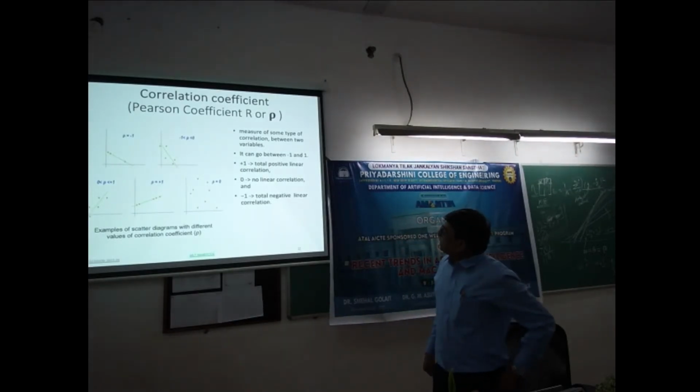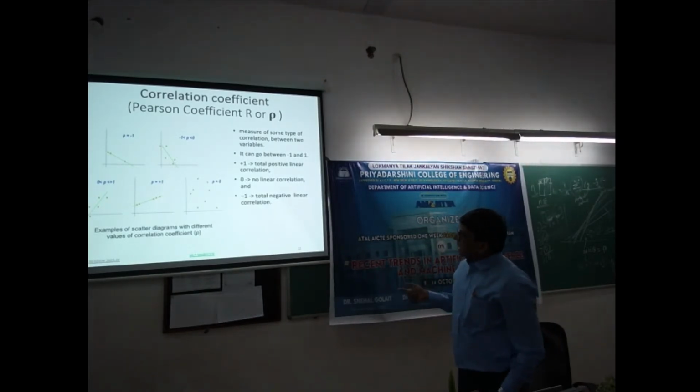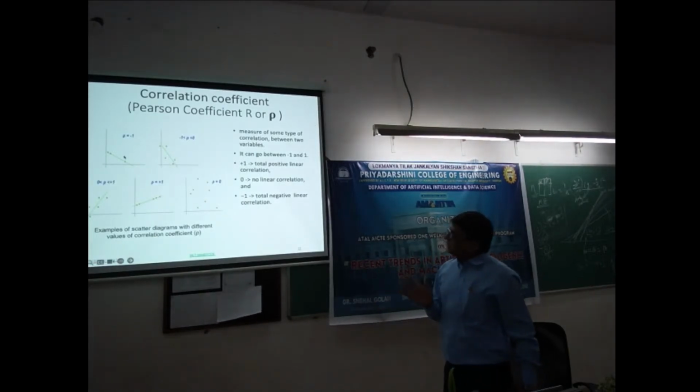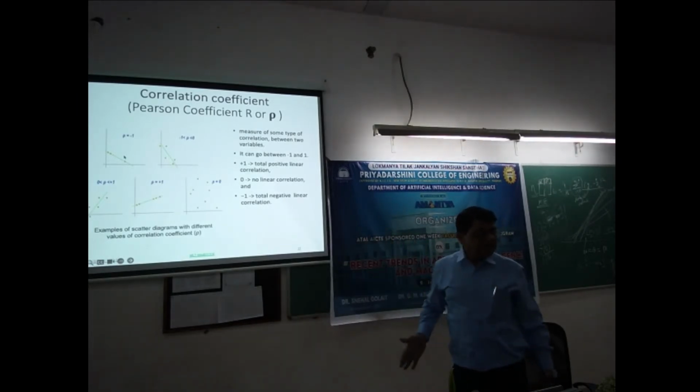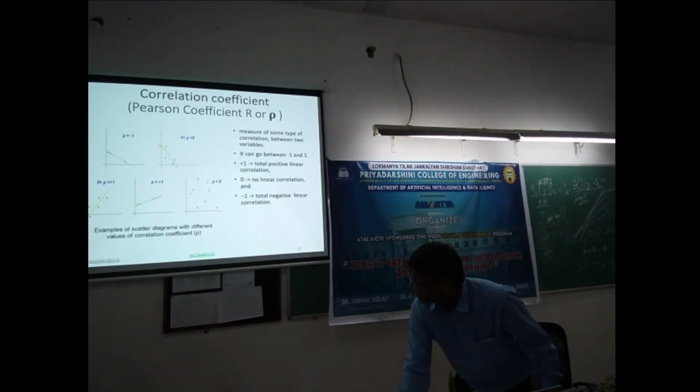It can go between -1 to +1, and you can see different examples. Here P is equal to -1, which means when your independent variable increases, the dependent variable decreases. It is a decreasing trend, and an exact fit.